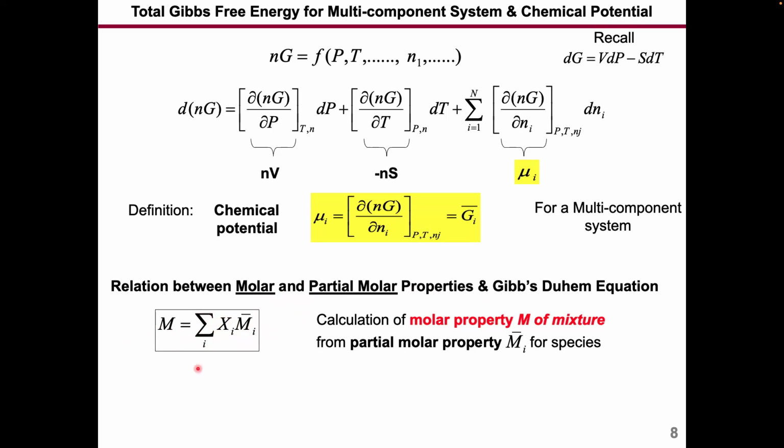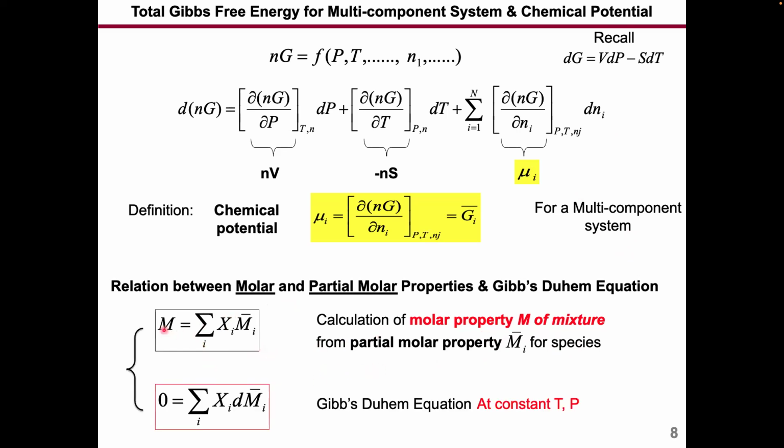So this equation can be used to calculate the molar property M of the mixture from the partial molar properties Mi bar of the species within this multi-component system. If you are interested in why we have this equation, you can look at the additional slides.